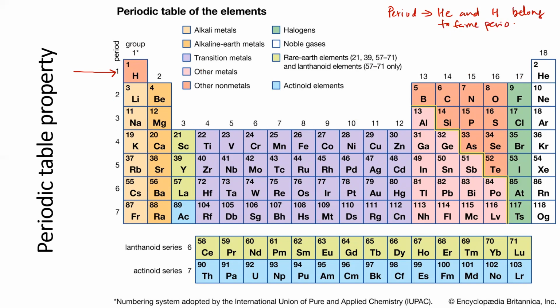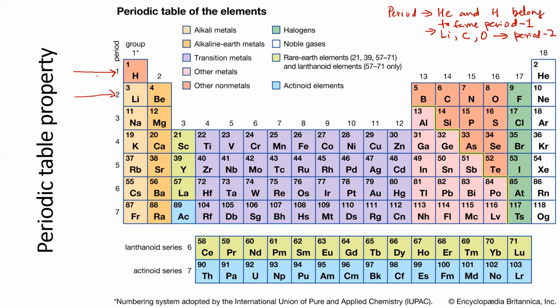Then we have the second period, where lithium, beryllium, boron, carbon, nitrogen, oxygen all belong to the same period. So this is your period one. Just like this, if I talk of lithium, carbon, oxygen, they all belong to period two, like that.